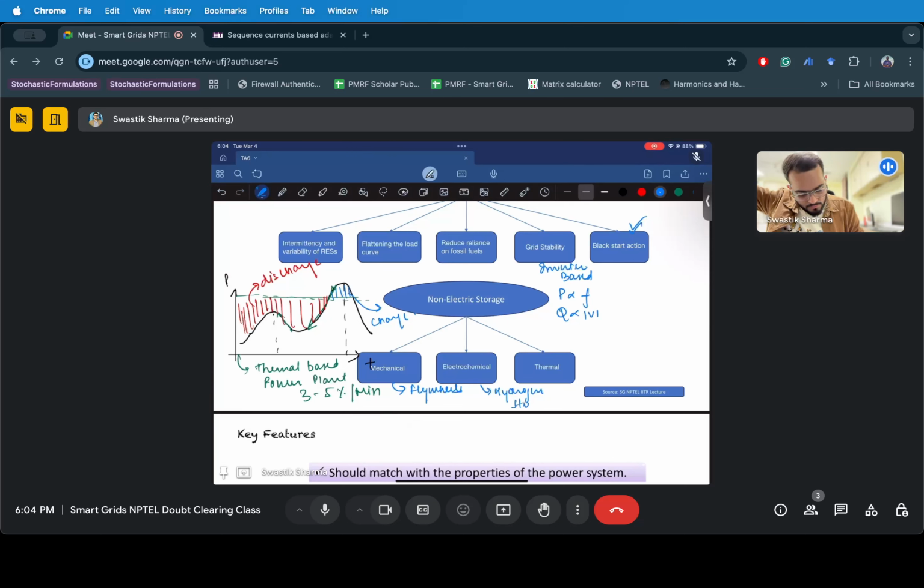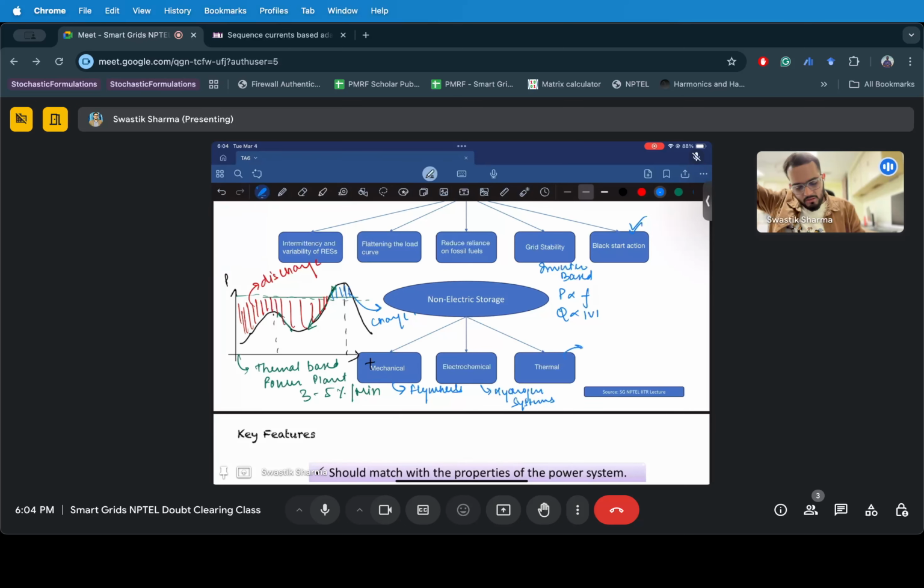You can have accumulators as well, so you can use them to store some form of a liquid or chemical compound at a very high temperature, so that you can use it at a later stage to rotate your turbine or something like that. It can act like a storage device, right?